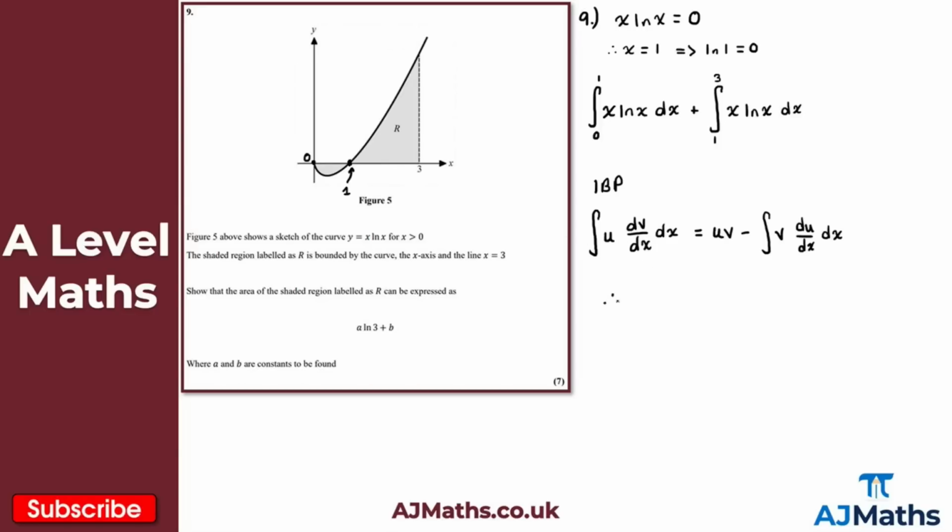Therefore, u is equal to ln of x. Then my dv by dx, my v prime here, would be x, the remaining function. So then u prime, differentiating ln of x with respect to x, would be 1 over x. And then I want v here, so integrating x with respect to x, that would be x squared over 2 there.